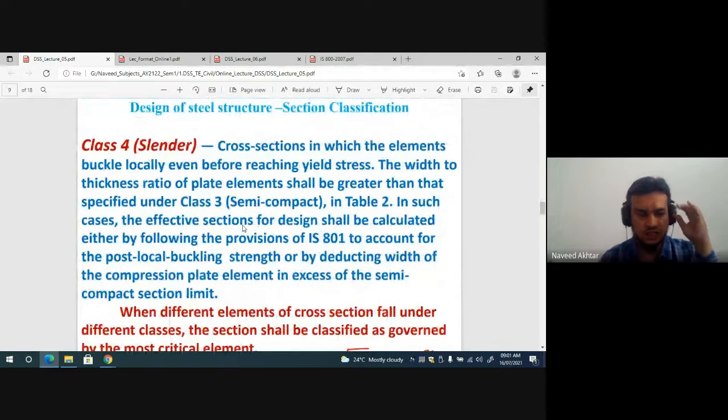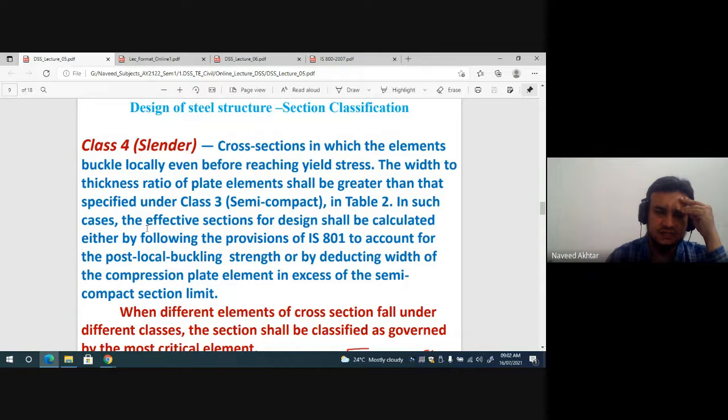Class 4 is the slender section, in which the cross section elements buckle locally even before reaching the yield stress. The width to thickness ratio of plate elements is greater than that specified under the class 3 semi-compact limit in Table 2 of IS 800:2007.